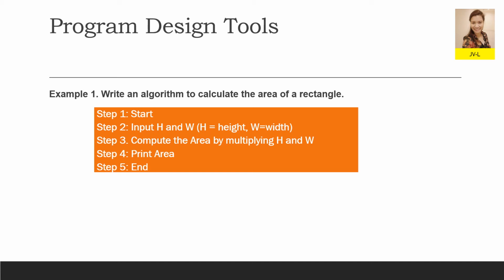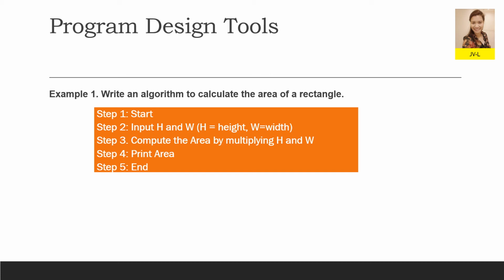As you can see in this problem, there is no value provided. Meaning, we need input values for H and W. Otherwise, if we are not asking for input, step number 3 will not be executed because there is no value for H and W. If there is no value for H and W, what would be the value that we will be multiplying?